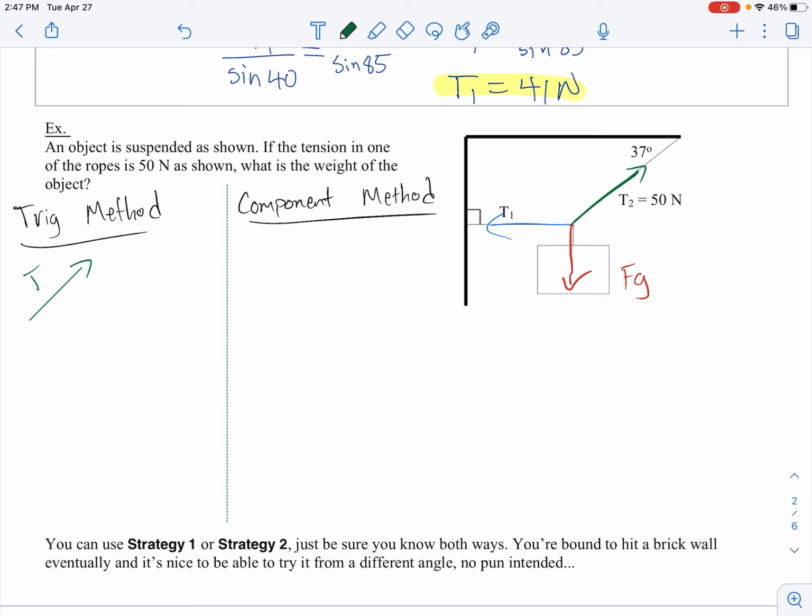Okay, so we got T2. We know here that we can break this down into our X and Y components. So we got T2Y, T2X. I know that my angle here is 37.